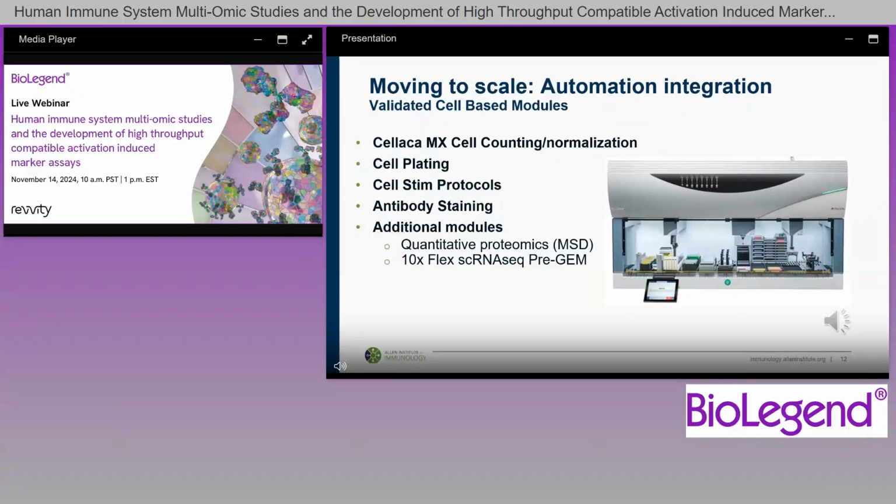And so for our pipelines now, we have fully automated cell counting and normalization, along with the cell plating. And then we have also the ability to automate cell stim protocols, antibody staining, and other assays such as qualitative or quantitative proteomics for MSD and 10x Flex pre-GEM generation.